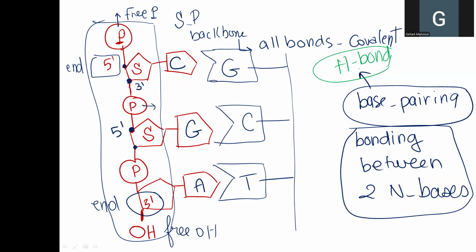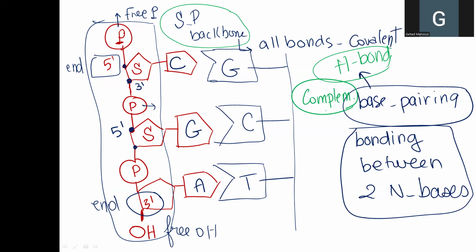But let's first see how many hydrogen bonds. So this is the first time we see hydrogen bonds. Within the sugar phosphate backbone, it's all covalent bonds. Between two strands, hydrogen bonds. But there is complementary base pairing. What is complementary base pairing? It means that each pair of nitrogenous bases complete each other.